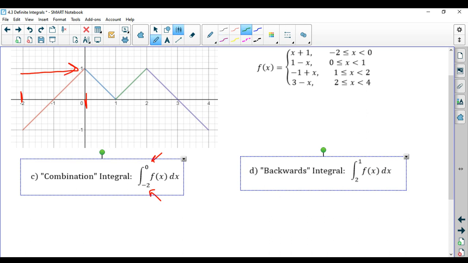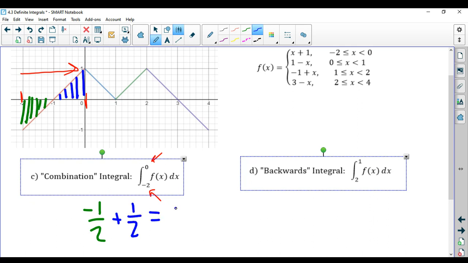The first part of the integral, the -2 to -1 part, that area will be calculated as negative 1/2 because it's below the x-axis. And then it flips to above the x-axis. So you have to do this in two separate calculations, plus this area, which is a positive 1/2.